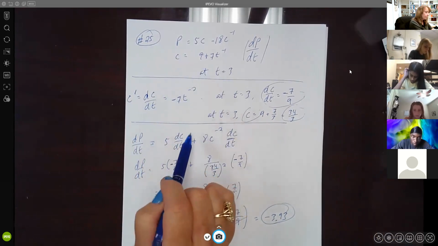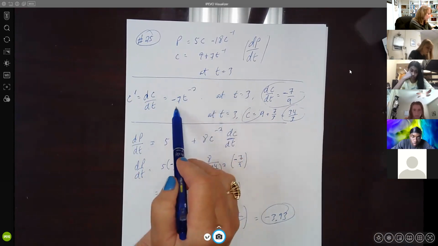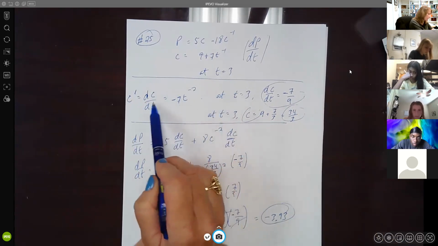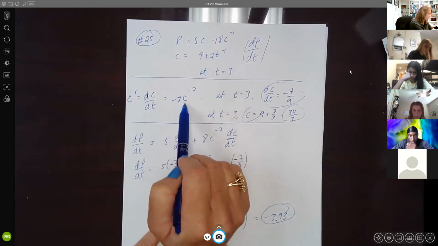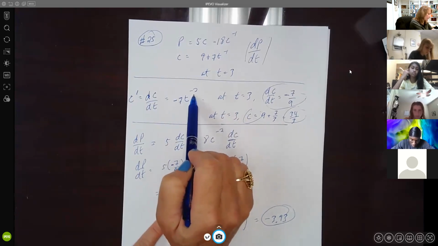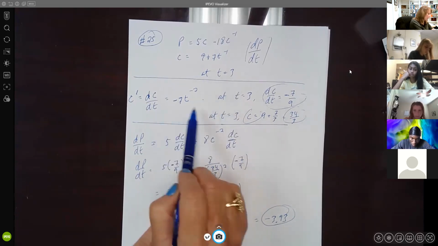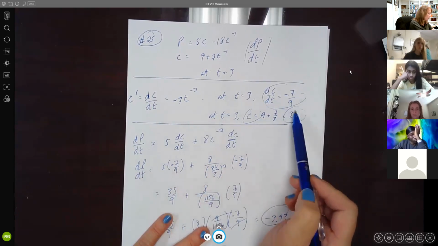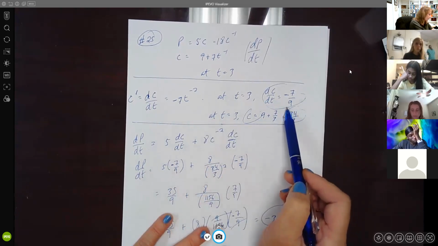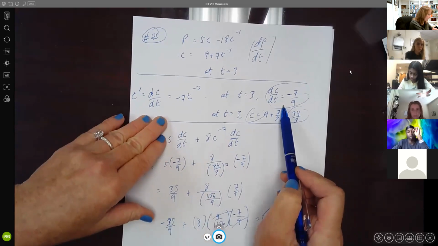Think of a composition of functions that we're doing here. The derivative of this would be negative 7t to the negative 2. Now at t equals 3, that gives me an actual value to work with, negative 7 over 9. So I'm going to start with that.